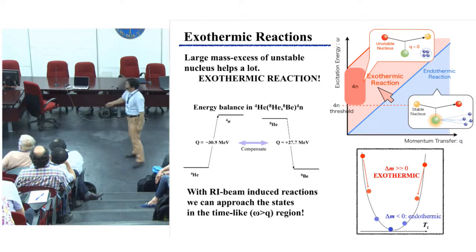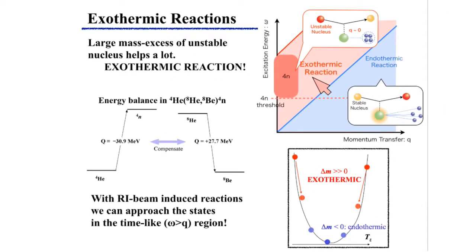We employ the helium-8, beryllium-8 reaction, and we show the energy balance in the reaction. The energy needed to excite the tetraneutron state from the helium-8 ground state will be mostly supplied by the energy difference between helium-8 and beryllium-8. Thus, we don't need any momentum transfer in addition to this.